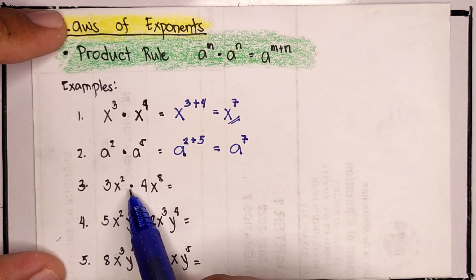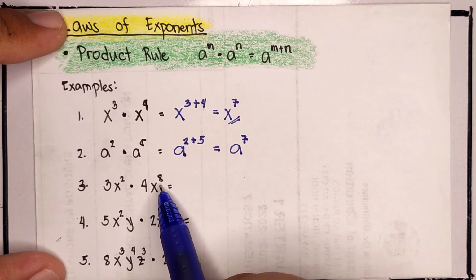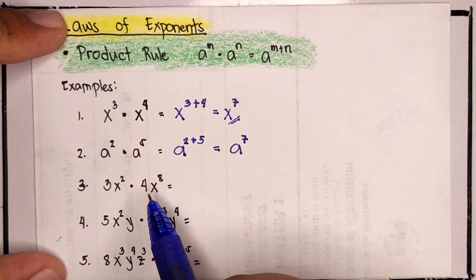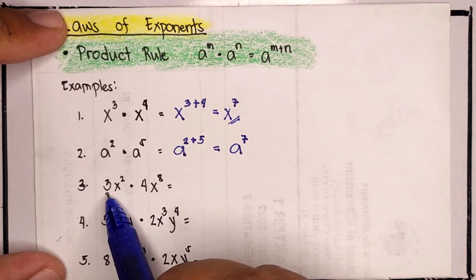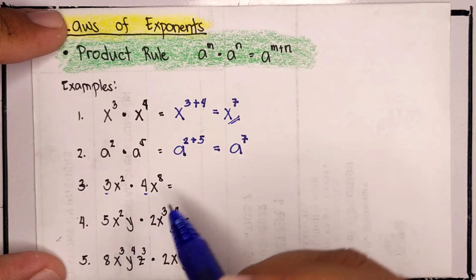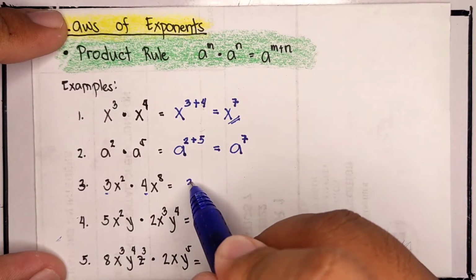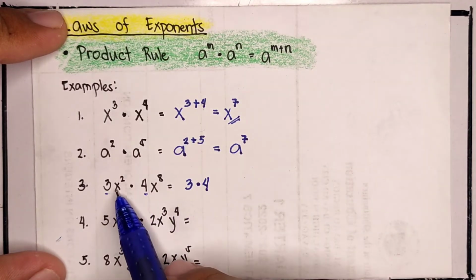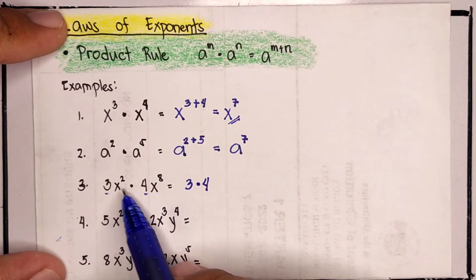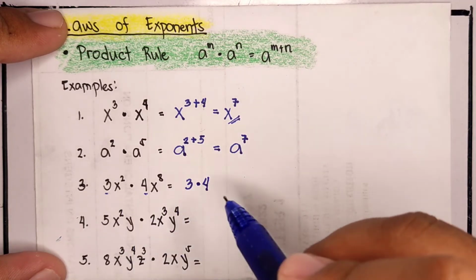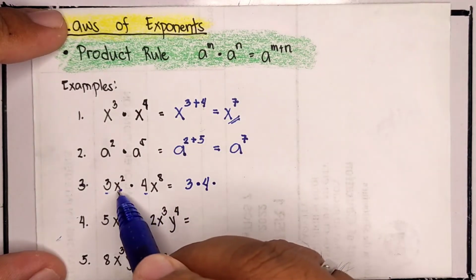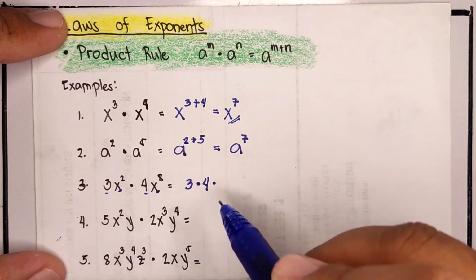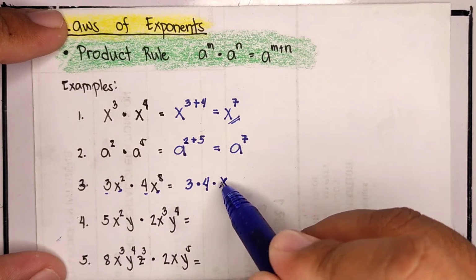3x squared times 4x raised to the power of 8. Unang gagawin, we will multiply 3 and 4. Sabihin, 3 times 4. Sunod, yung variable natin o the literal coefficient, which is, ito siya, at saka ito. We have here x.